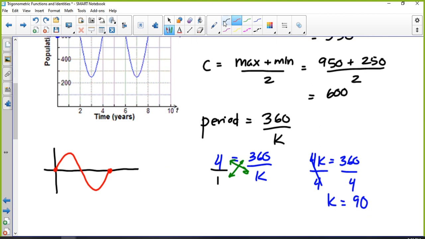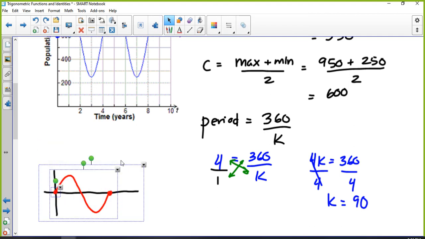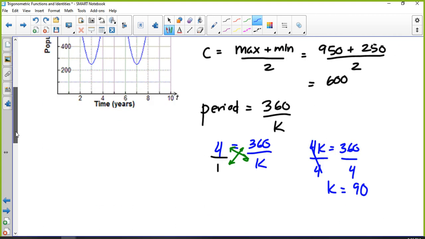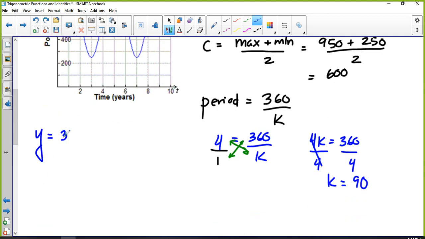One equation we could use is y equals, using t for time, 350 sine of 90t, no phase shift, plus 600.